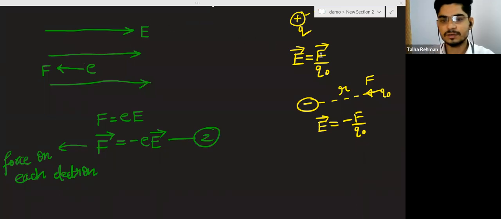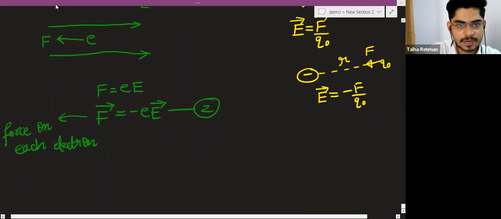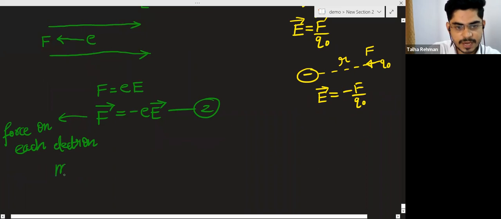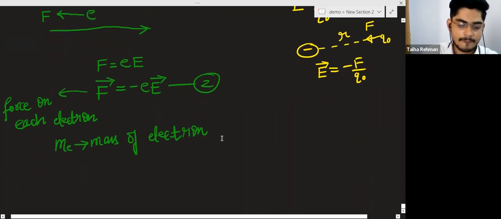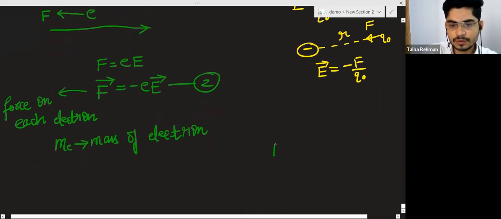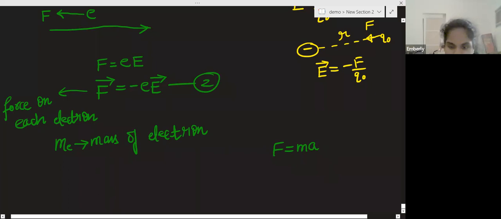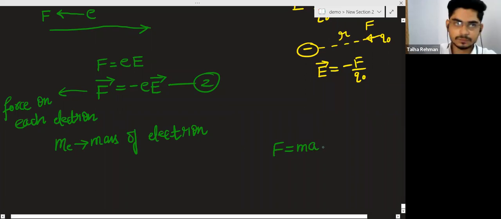And the electron has mass also. So I am writing here, if m_e is the mass of the electron, do you know about this? Right. So this is the result of Newton's second law of motion.